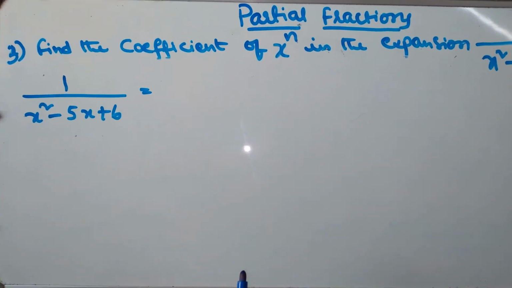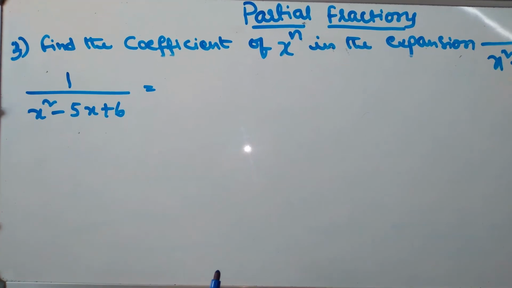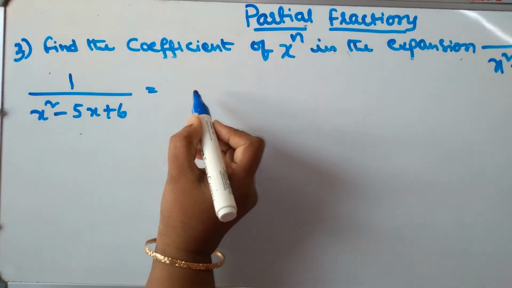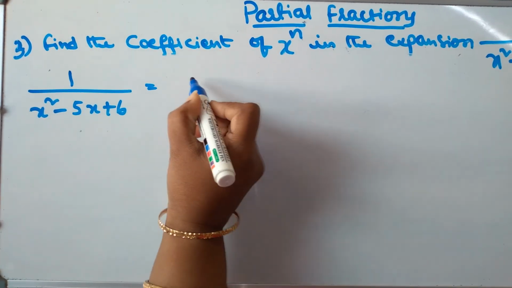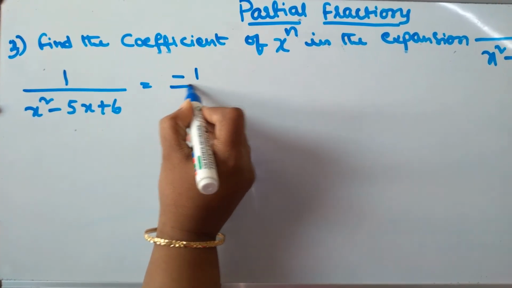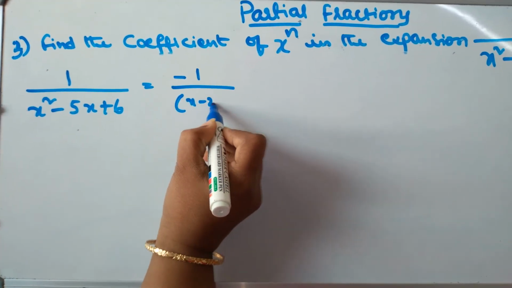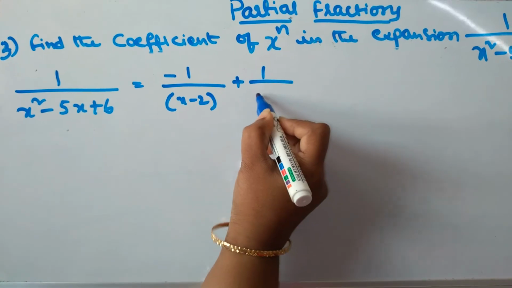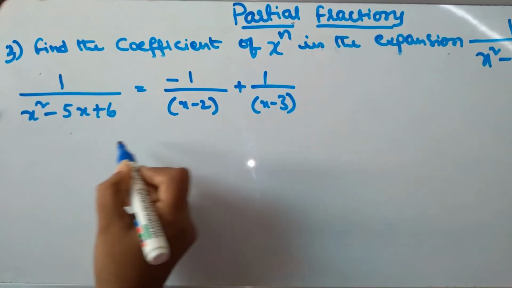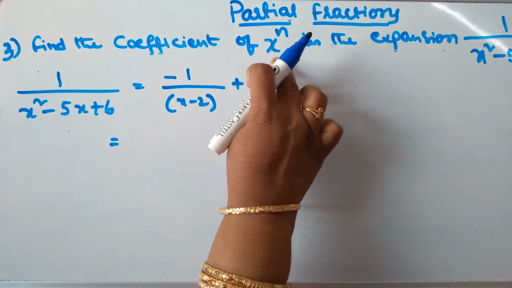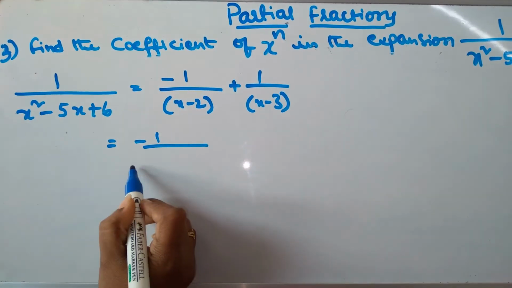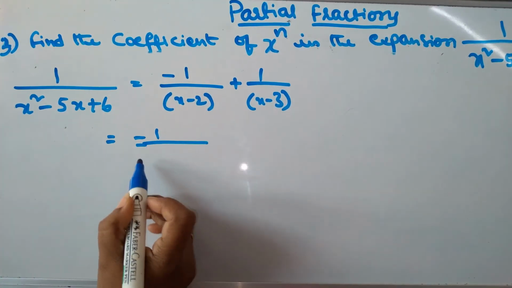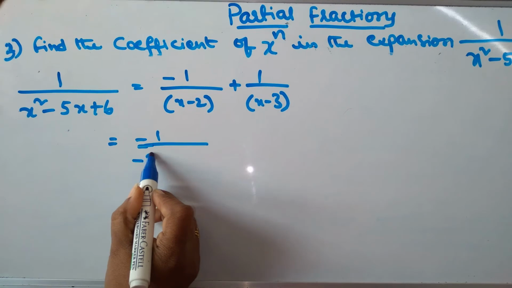Already we got the values for a and b. A equals to minus 1 and b equals to 1. So this equation becomes minus 1 by x minus 2 plus 1 by x minus 3. In order to find the coefficient of x power n, we have to first take out 2 as common from this. Minus 2 we will take out.